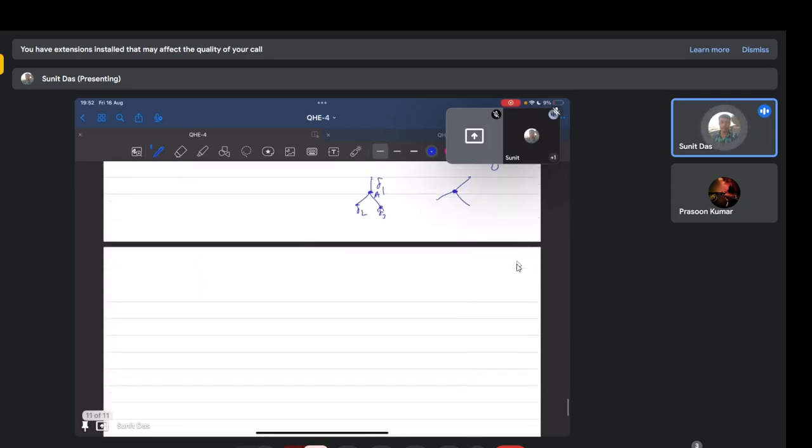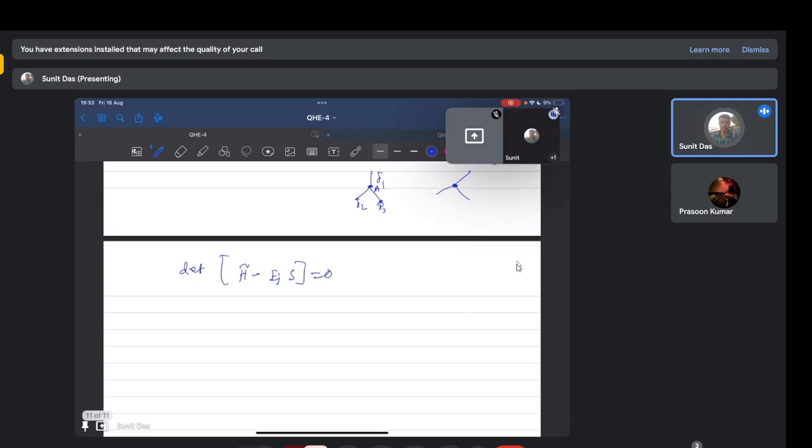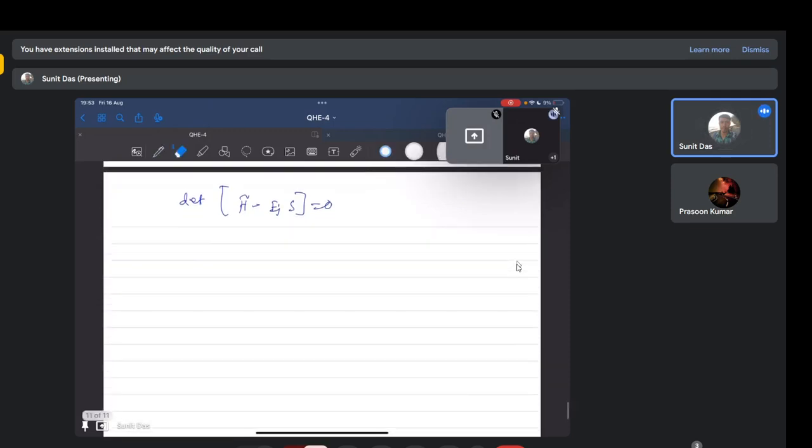So now our work is to solve this determinant of H tilde minus epsilon S tilde equal to 0. Let me tell you the full story and then we'll see.